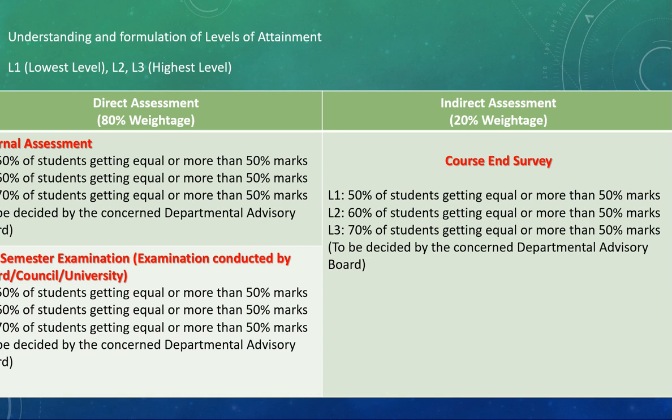For the end semester examinations, the same formula has been used: level 1, 50% of students getting equal to or more than 50% marks; level 2, 60%; and level 3, 70%. For the course end survey, a similar formula has also been used.